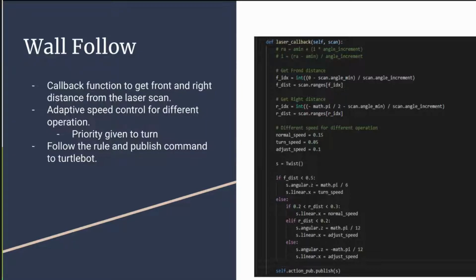And when the right distance, which is measuring the distance from the robot to the wall, is between 0.2 and 0.3, we don't apply any angular speed and just let it speed at normal speed. And if it's not in the track, then we're gonna adjust it with different speed and different angular speed, depending on whether it's leaning towards the wall or going off the track.